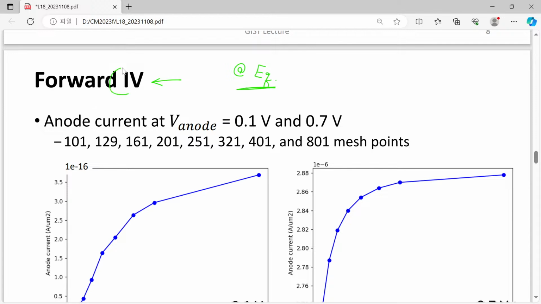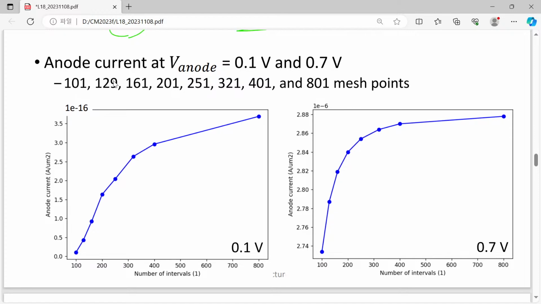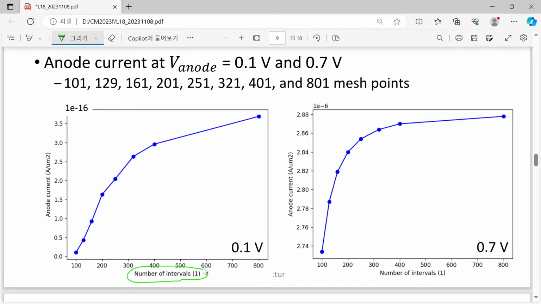How about the IV characteristics? Here, the x-axis is not voltage. Please note that this is the number of intervals. It means we now increase more and more points.